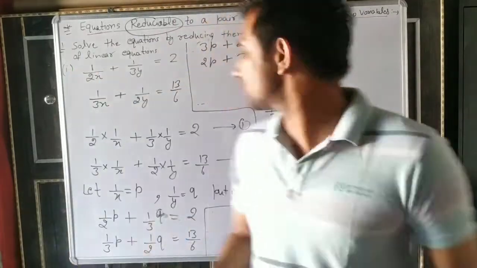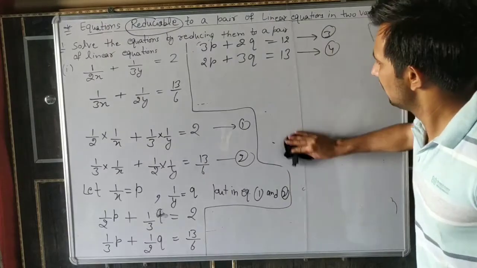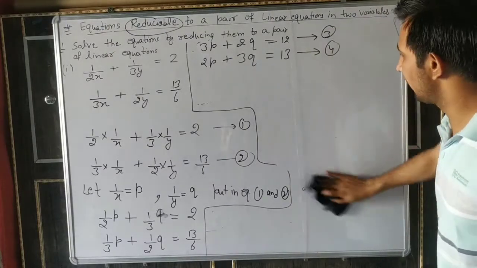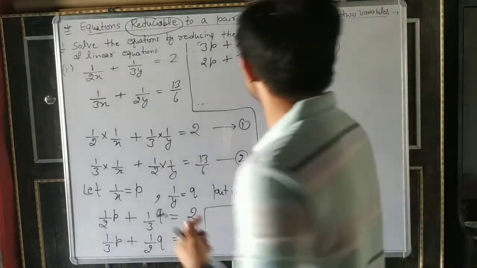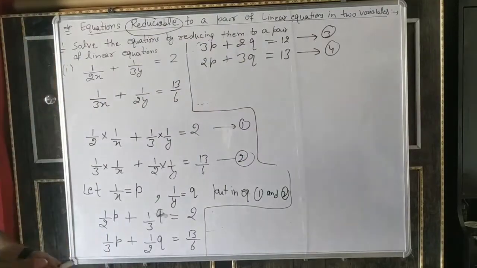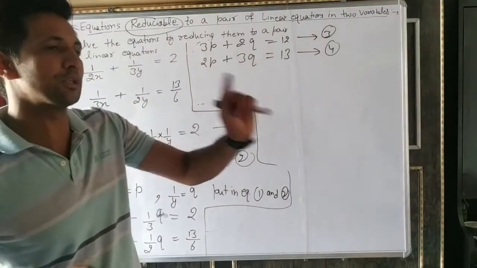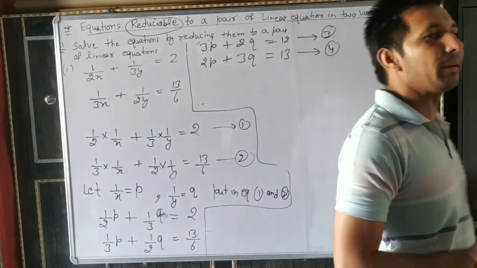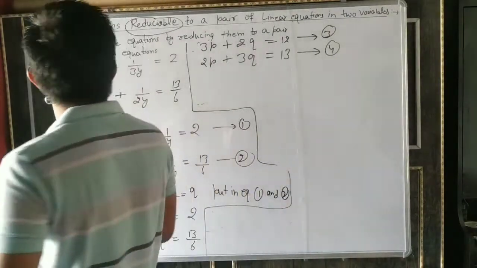Due to space problem, I rubbed this one. So we write equation 3 and equation 4. And these are two linear equations, or not? Yes. And how will we solve linear equations? There are three methods: elimination method, substitution method, and cross multiplication. Any one method you can use and solve it.